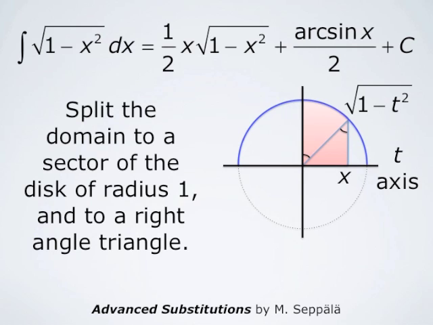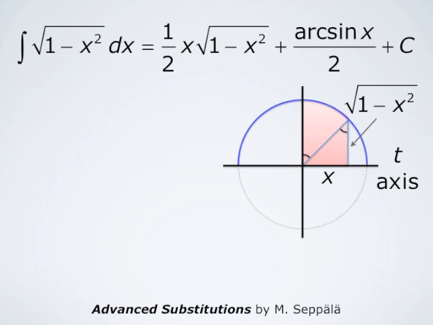We split this domain into a right angle triangle and a sector of the disk, as indicated here in this picture. The right angle triangle in this picture has horizontal leg of length x. Its vertical leg is of length square root of 1 minus x squared, just by the definition.